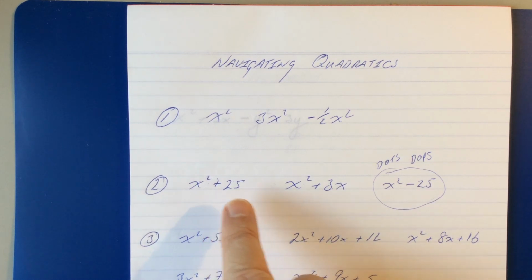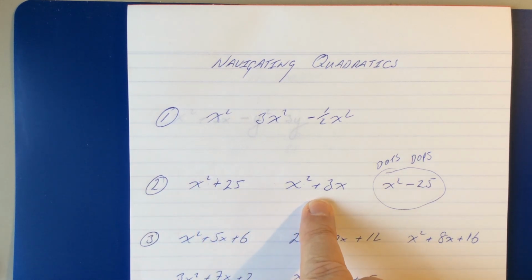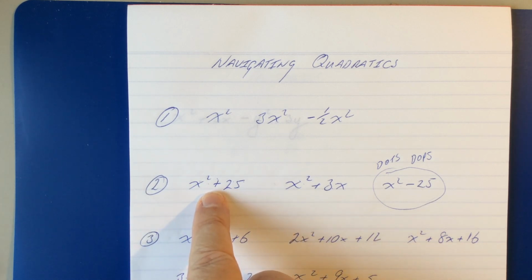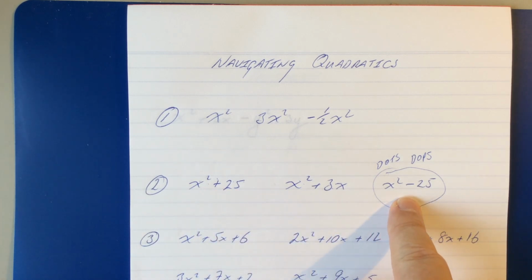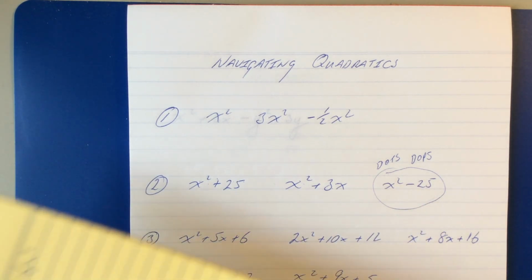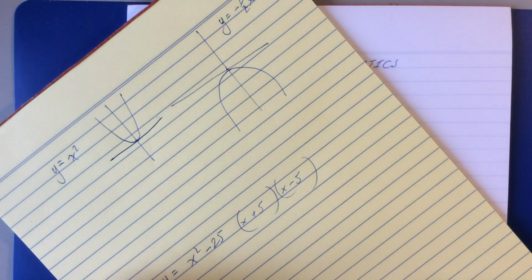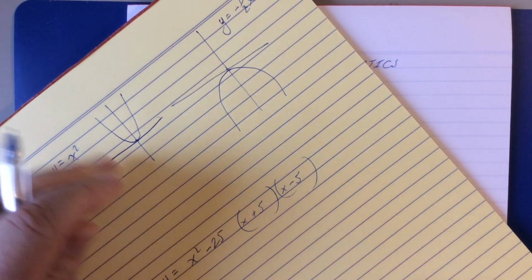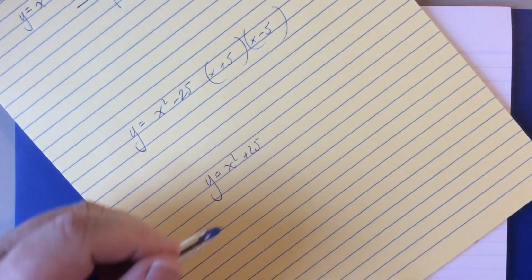This and this are not. This one has a plus sign in it. This one, the one we've just done, has a minus sign in it. This one, so y equals x squared plus 25. So just bring that down so that you can see that.